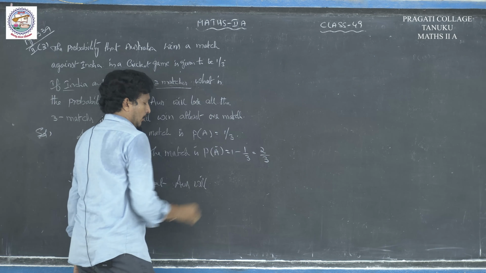So first of all, to write it: total number of screws is equal to 50. Total number of defective screws is 5. Non-defective screws are 45. Here 3 screws are drawn. In total, it is 50C3.